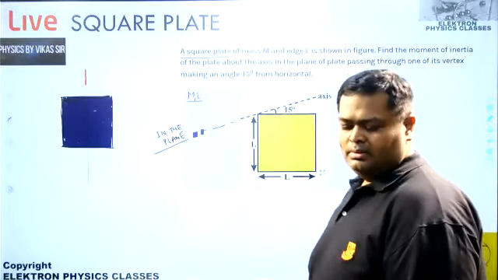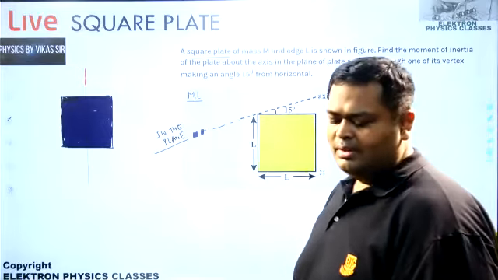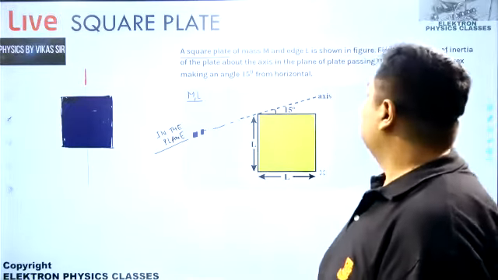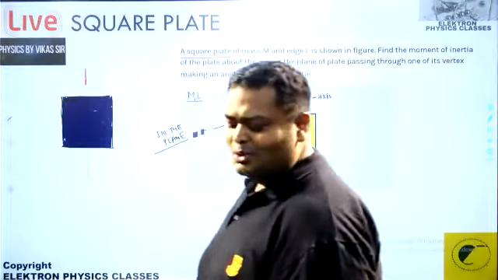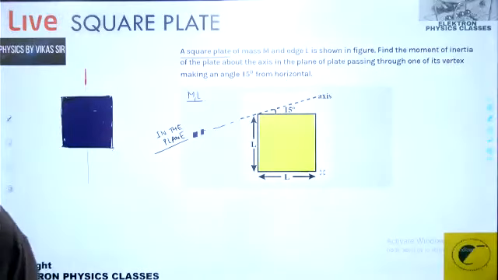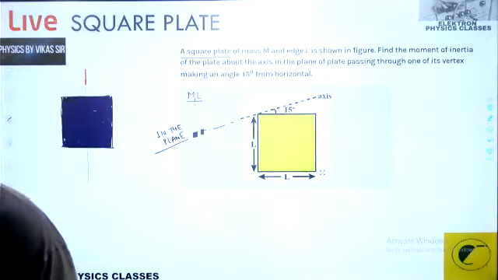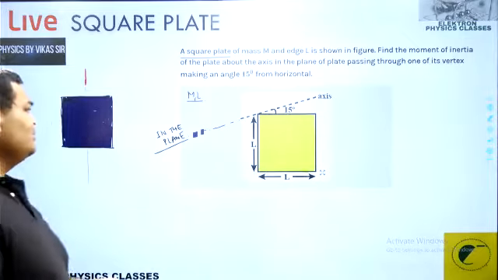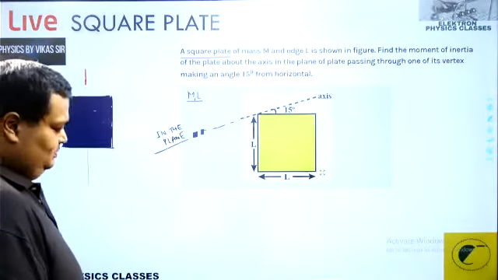You can check the value for sine 15 or cos 15, but it will not be required. 7 by 24 is not the answer.